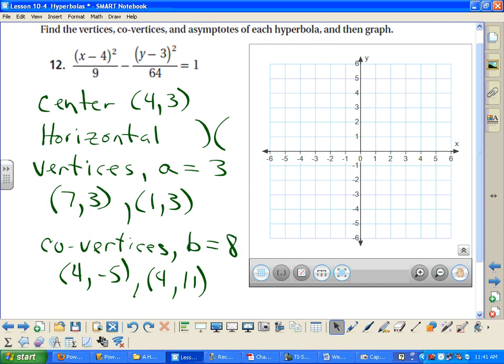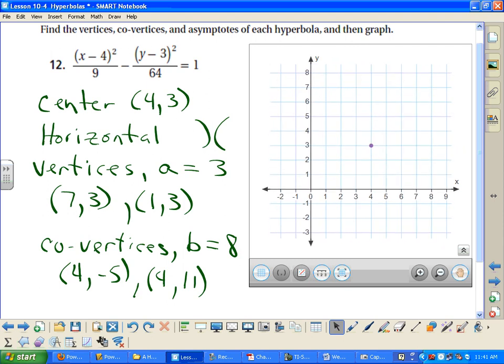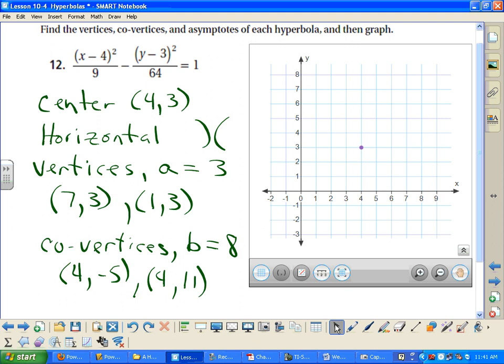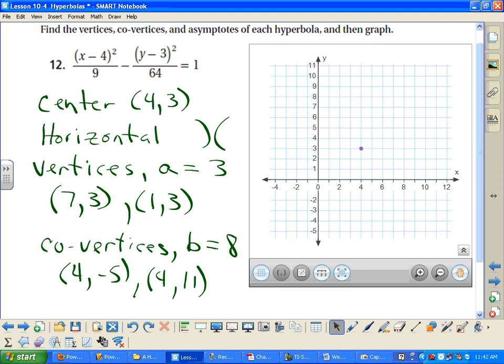All right, my center is at 4, 3. Obviously the graph I have here is not going to work, so I need to move it a little bit and make it bigger. From the center, because it has x over 9, I have to go left and right 3. So I go left 3, I'm at the point 1, 3.